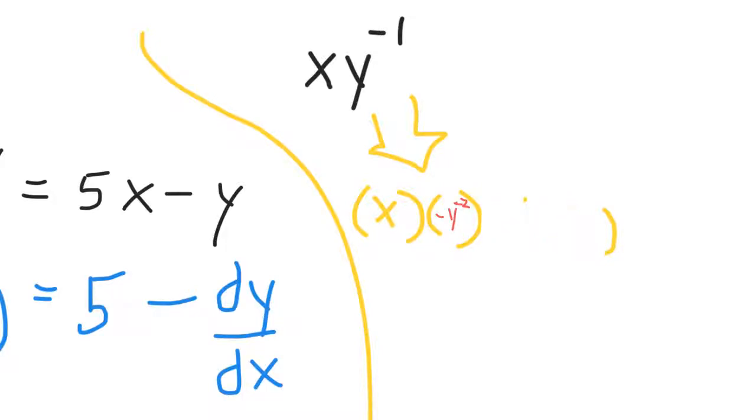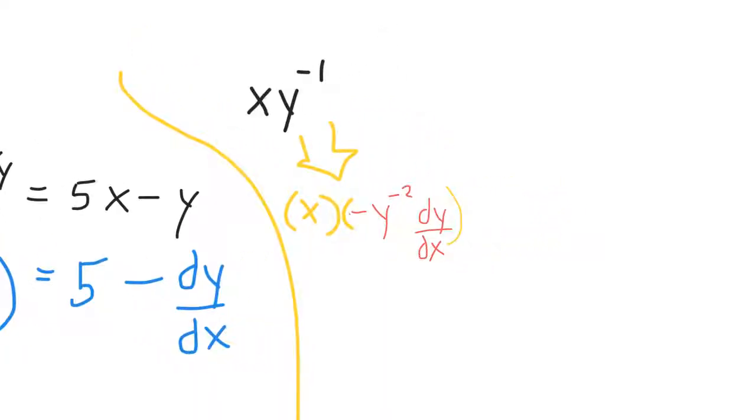So I'm going to have to give myself some more room. Make this a little nicer looking. So that's negative y to the negative 2 times dy over dx inside the parentheses, and then we're going to do the derivative of x times y to the negative 1.